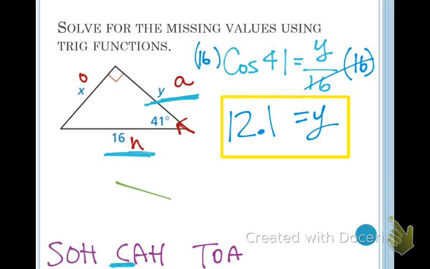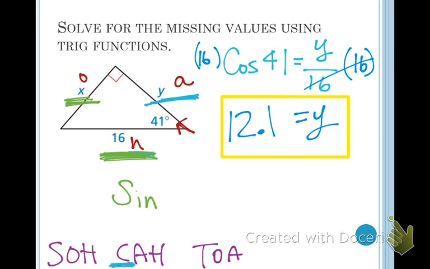All right, so then we're going to solve for the letter x. We're going to use this side I highlighted in green. What other side will we use? The hypotenuse again. We don't want to use the side that we found because we could be wrong. Plus, we rounded there, so it's not the exact answer. Which trig function are we going to use if we have the opposite and hypotenuse?